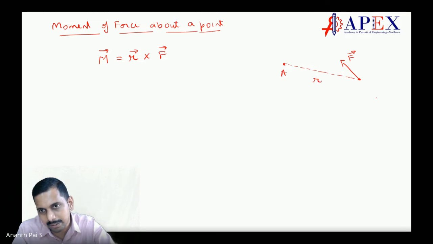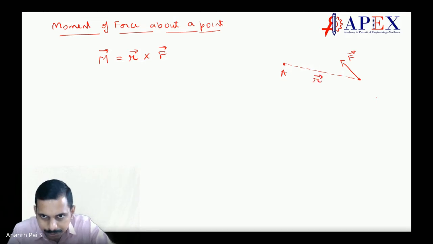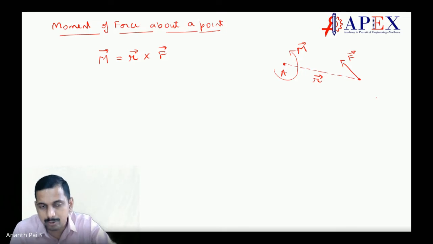The moment of force because of this force about this point A is given as M_A equals r cross F.